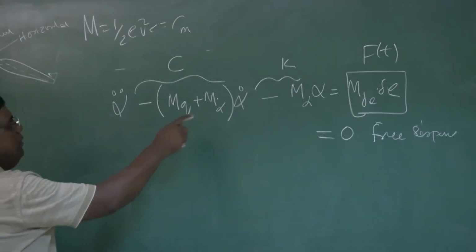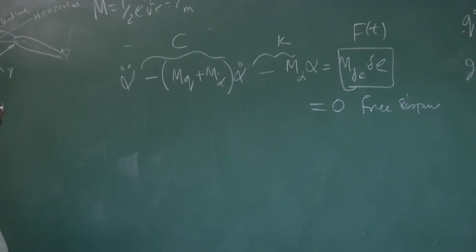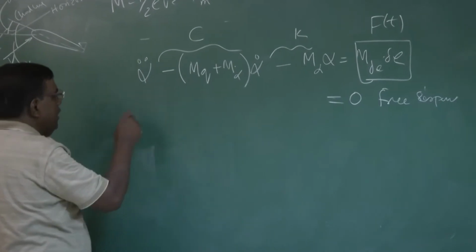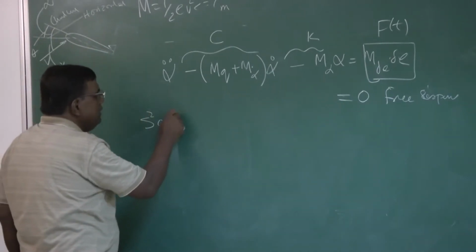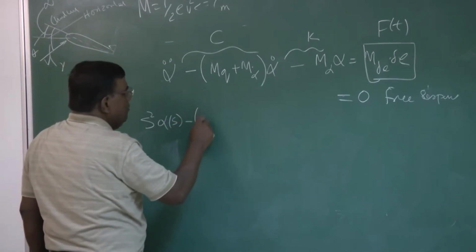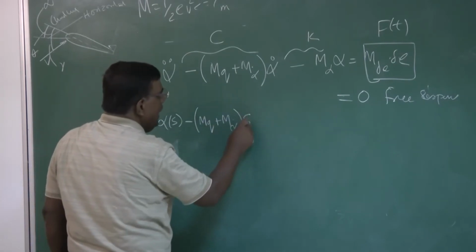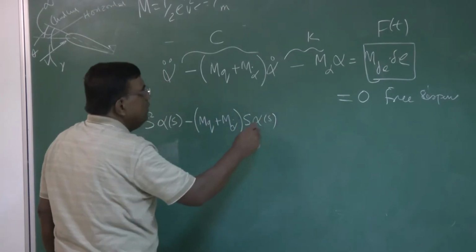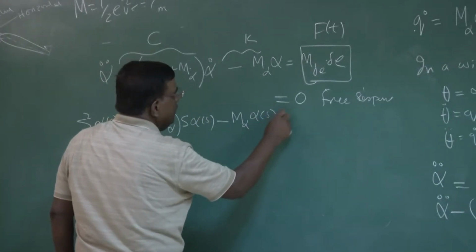So now once we have this sort of equation, how do you find what is zeta and what is omega n? So what you do, you take the Laplace transform here, so you get s square alpha of s minus (mq plus m alpha dot) s alpha of s minus m alpha into alpha of s equal to 0.